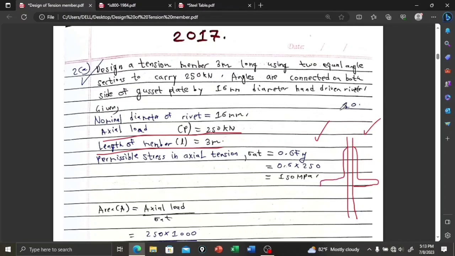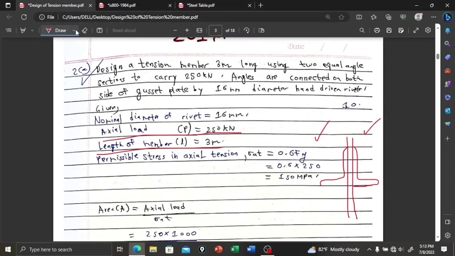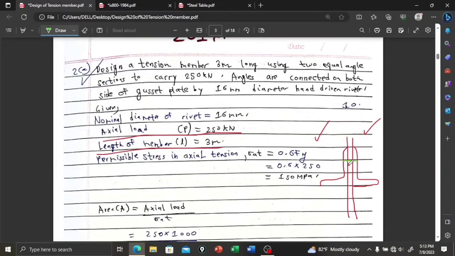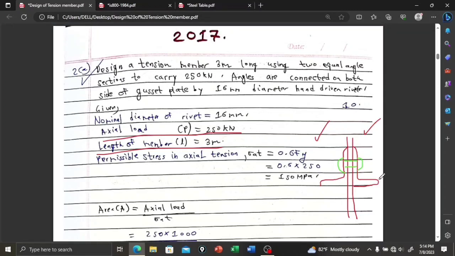So this is the required figure. The diameter of rivet is 16 mm, and it is hand driven. It is driven by hand.